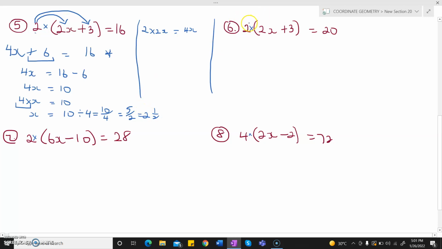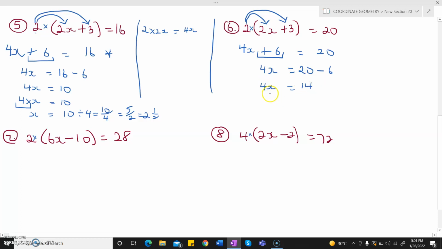Alright, number 6. We want to expand the bracket. So 2 times 2x. Well, we know 2 times 2x is 4x, plus 6 is equal to 20. So 4x is equal to 20, and we're moving across the adding 6, so we take away 6. So 4x is equal to 20 take away 6, which is 14.